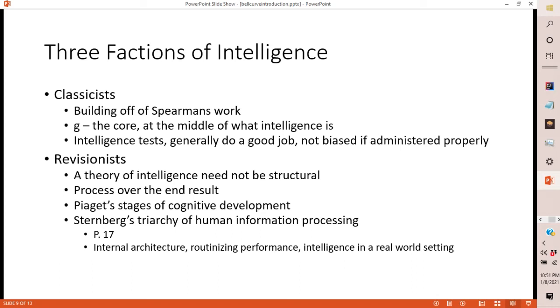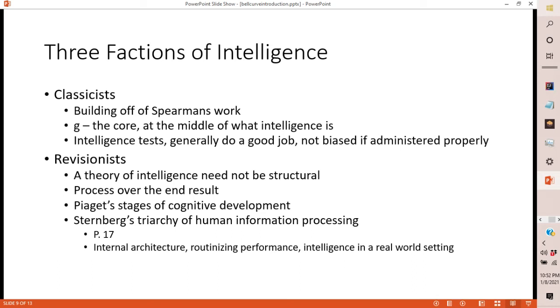On to the next portion here, the three factions of intelligence. And I want you guys to think about where the authors are on this spectrum. So Charles and Richard talk about there being three factions of intelligence in this field of work. There's the classicists, who build off of Charles Spearman and Sir Francis Galton.